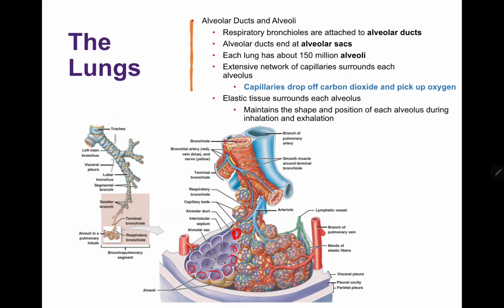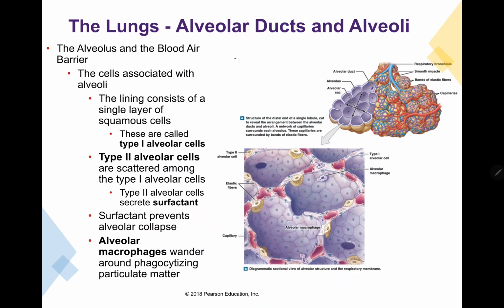The capillaries will drop off the carbon dioxide and pick up the oxygen. Elastic tissues are going to surround each alveolus, and they're going to help to maintain the shape and the position of each alveolus during that inhalation and exhalation.